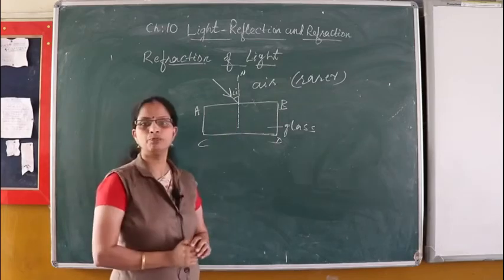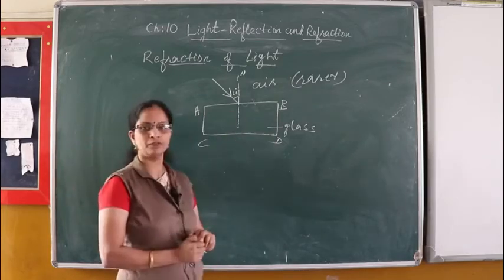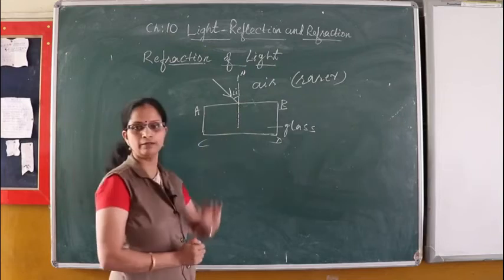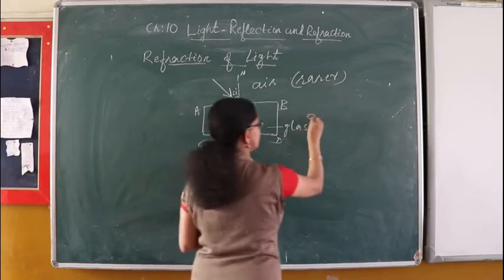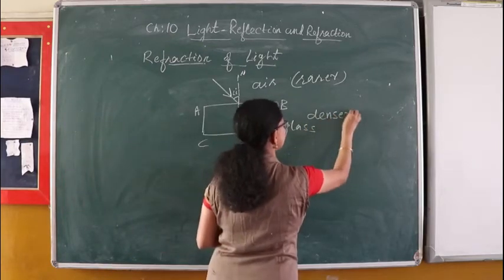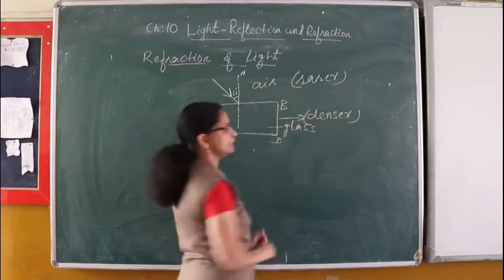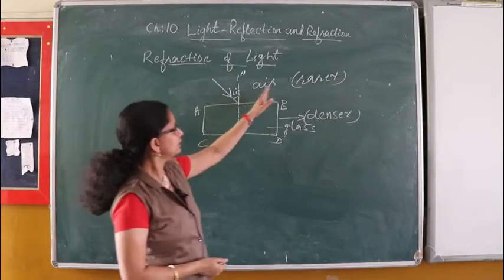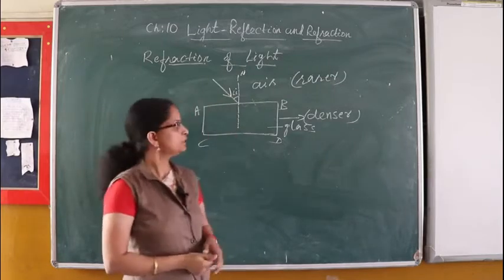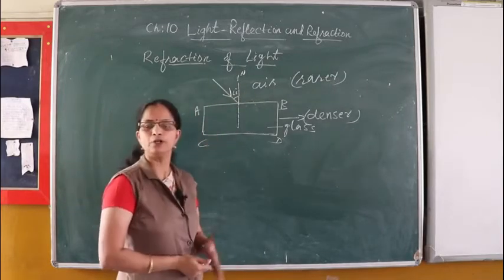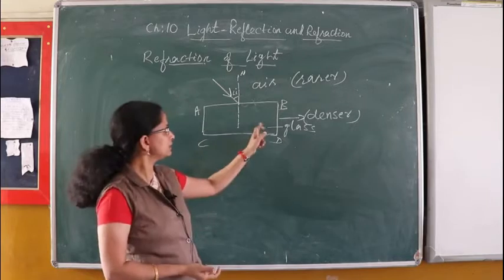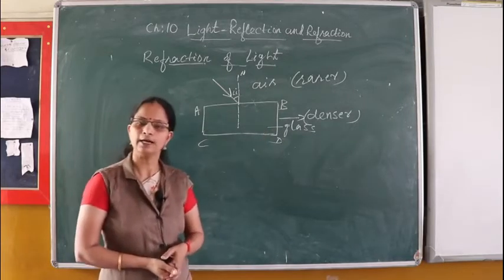Since the light speed is less in glass, when we compare glass with air, here the glass is a denser medium. So glass is a denser medium here and air is a rarer medium. This is because in air the speed of light is more, whereas in glass the speed of light is less.